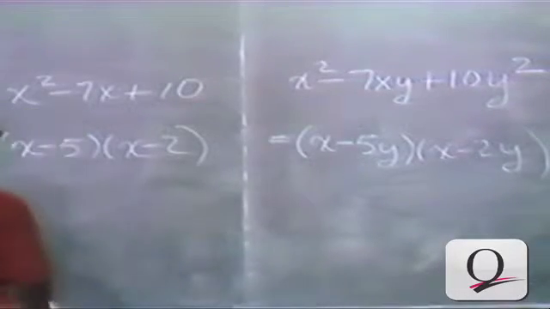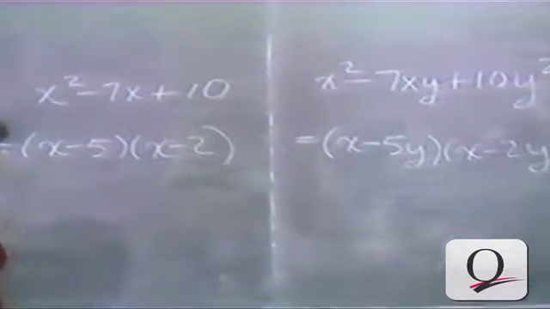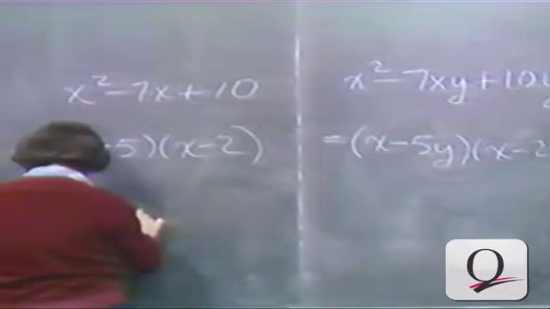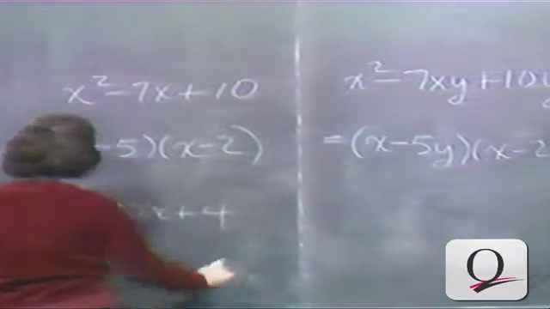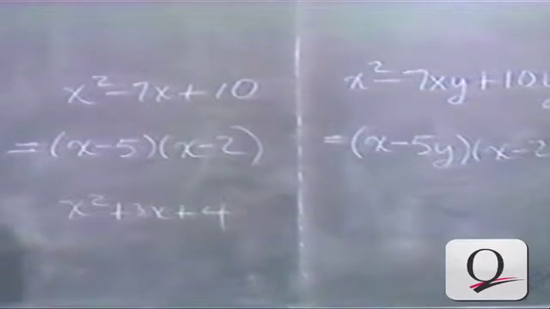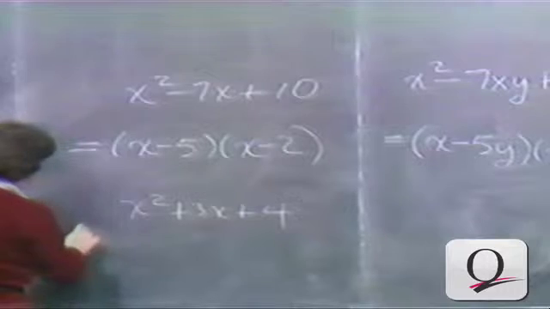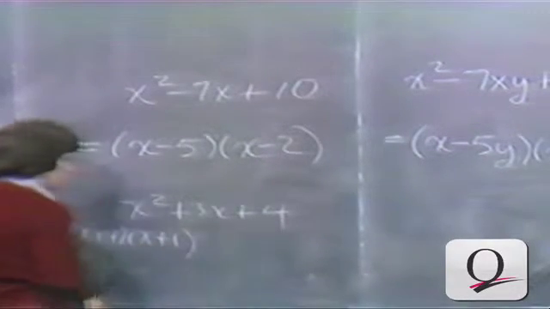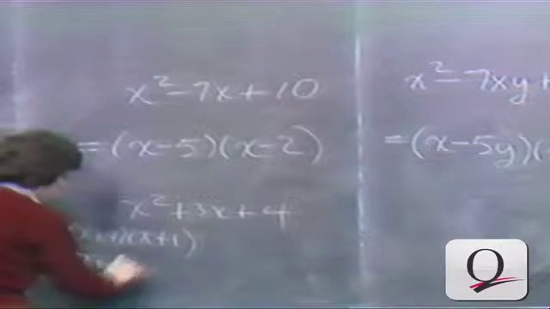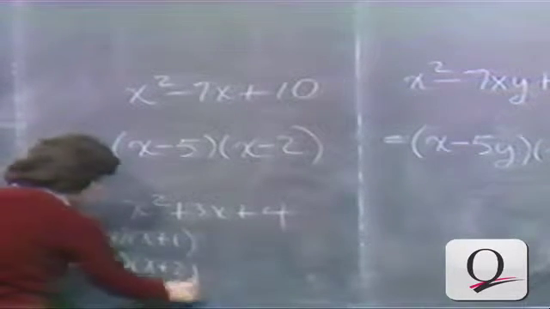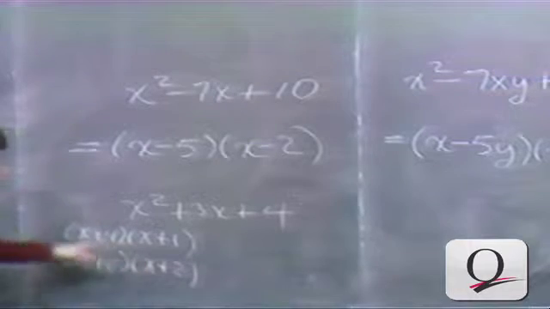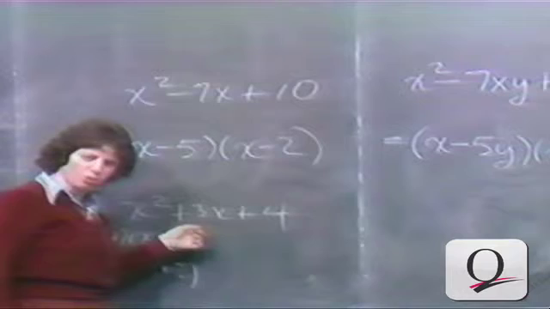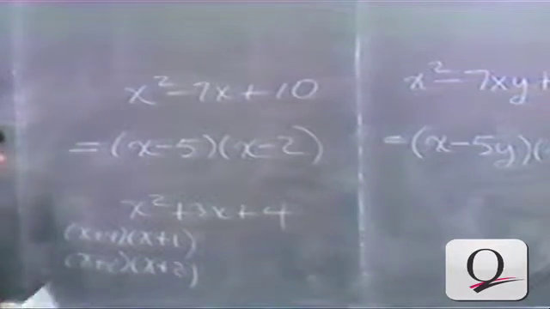Okay, once again, I want to remind you that not every example factors over the integers. If I gave you, say, x squared plus 3x plus 4, you could list all of the possibilities: x plus 4 times x plus 1, x plus 2 times x plus 2. You could also have the minus 4 and the minus 1, minus 2 and minus 2, but of course we'd rule them out because we know we want to add to a plus 3, which means we have to have the positives.